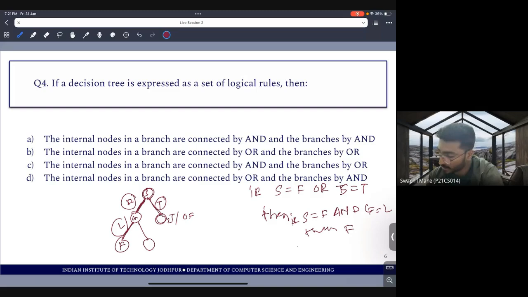Here this if statement ends, end if. Then for the other if, it is true, and end if here.